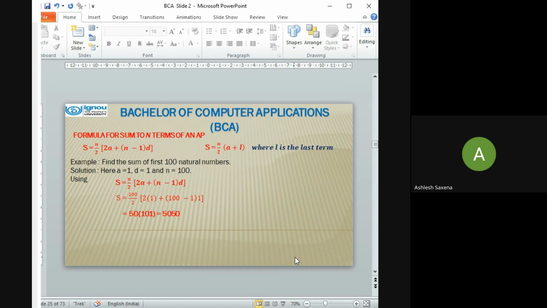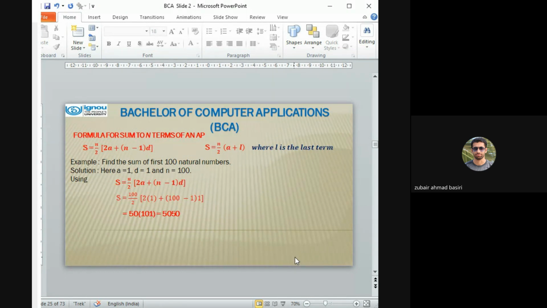And on the right side, you can see there is another formula. S is equal to n by 2 into a plus l, where l is the last term of the series. If we don't know the last term, then we go for the first formula. If we know the last term, we go for the second formula.